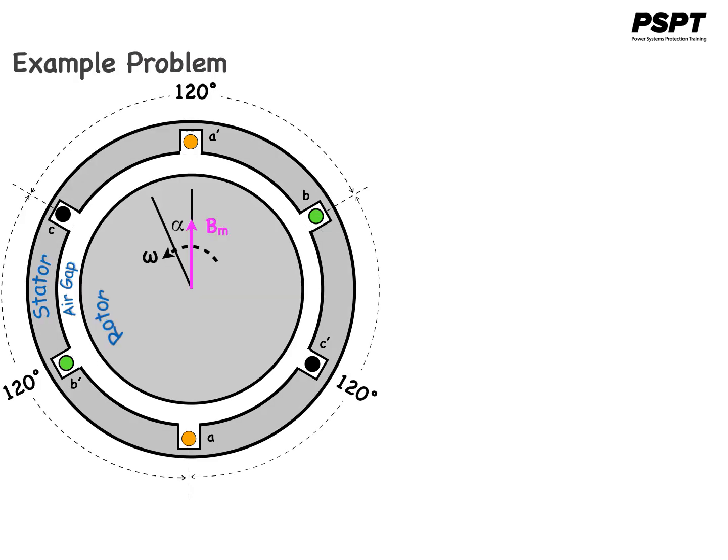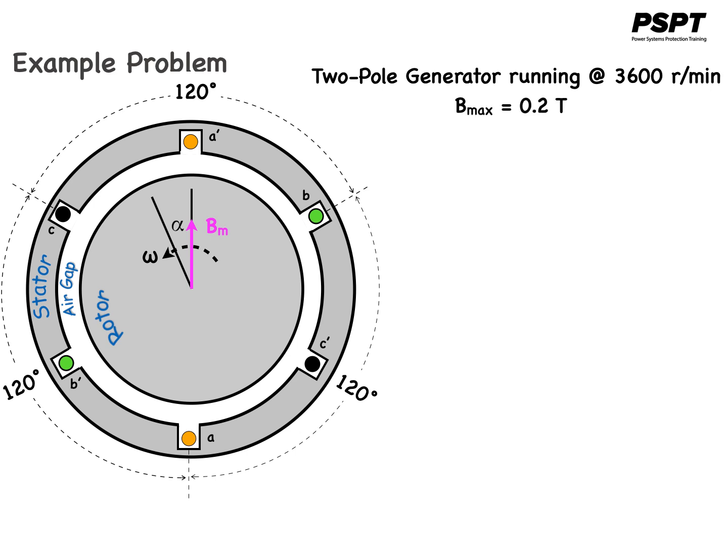Let's do a simple example problem using our simple two-pole generator running at 3600 RPM. The peak flux density of the rotor's magnetic field is given as 0.2 Tesla, and the mechanical rate of rotation of the shaft is 3600 revolutions per minute.